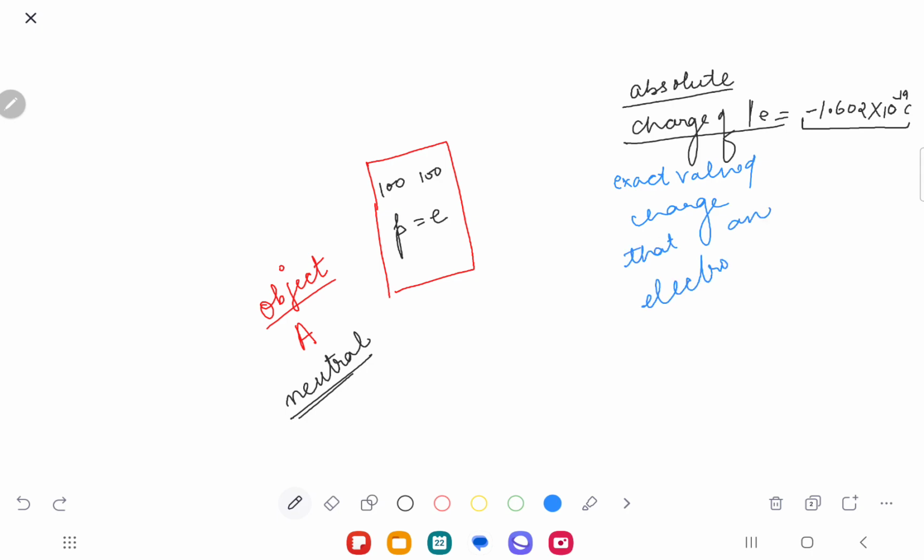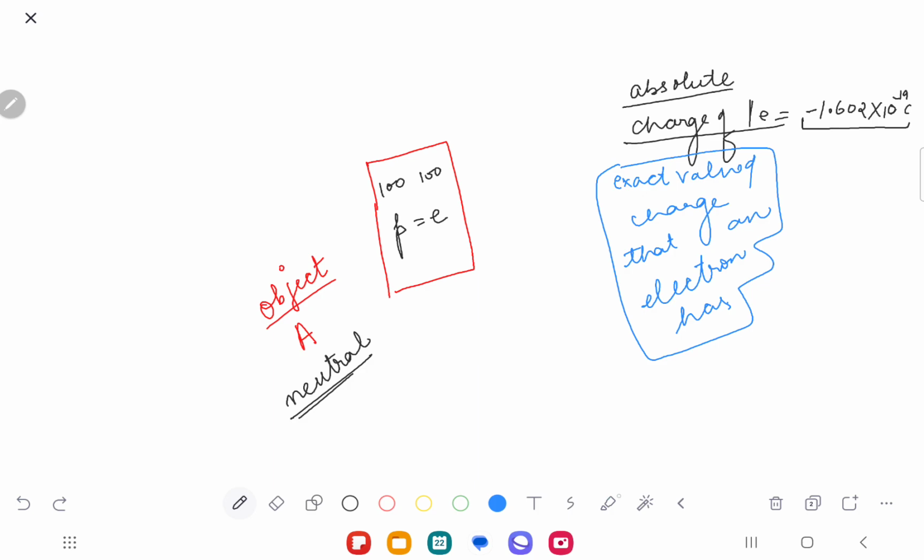So the absolute value of charge is minus 1.602 into 10 raised to the power minus 19 coulomb. Coulomb is first of all the unit of charge.